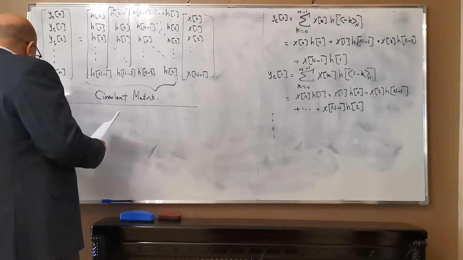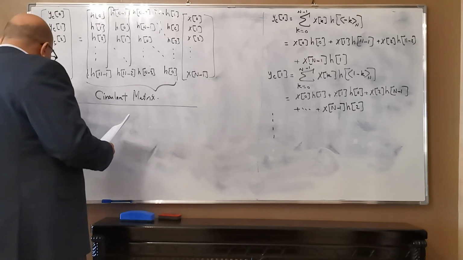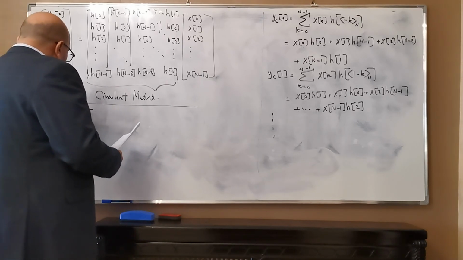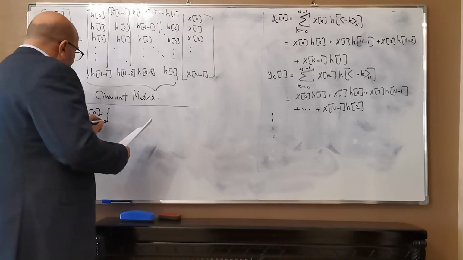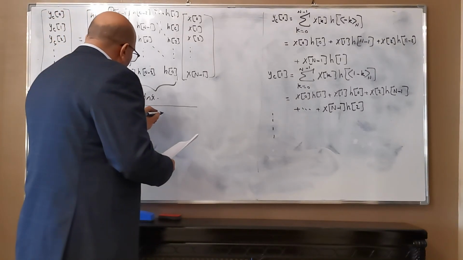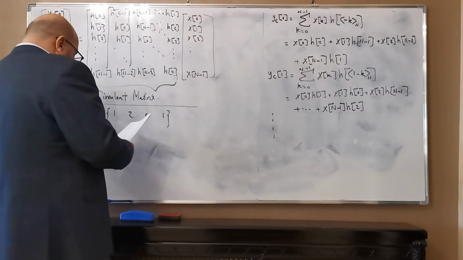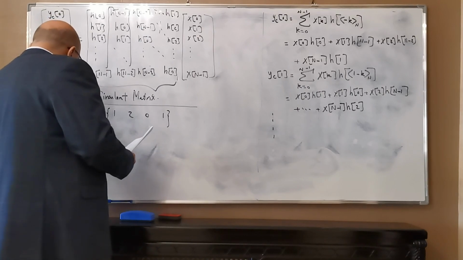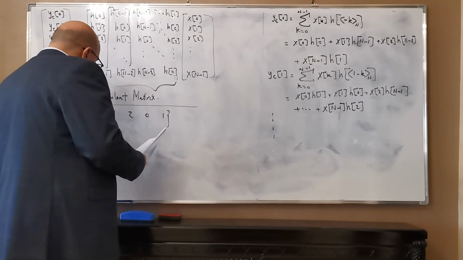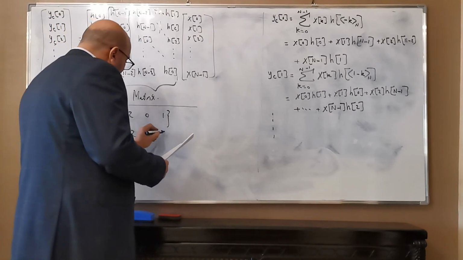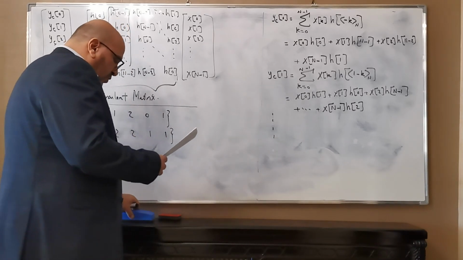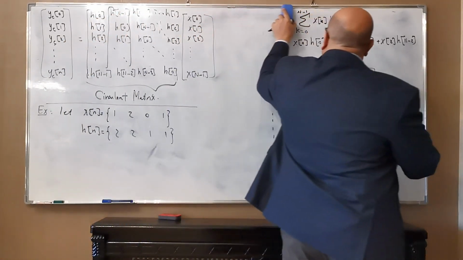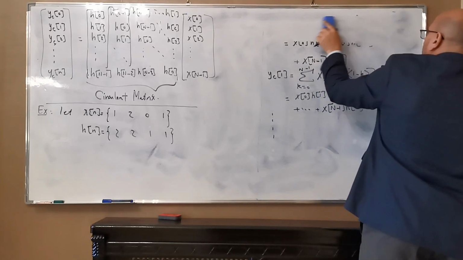If we take an example, let x of n equal 1, 2, 0, and 1, and let h of n equal 2, 2, 1, and 1. We would like to find the circular convolution of those two vectors.